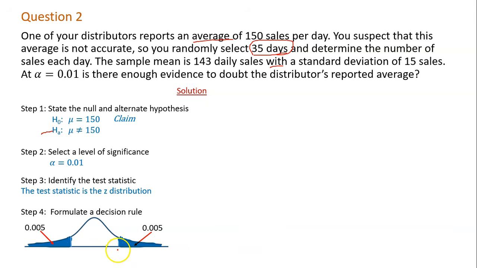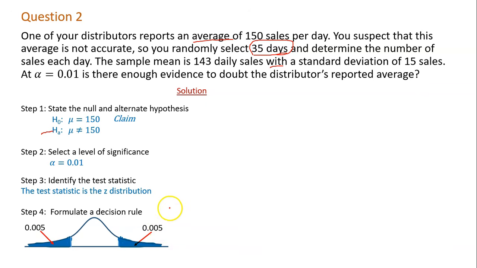We need to find the Z score that will be here and the Z score that will be here. To do that, depending on the table you are using, if you are using a full table, you say 1 minus alpha over 2. If you are using a half table, you say 0.5 minus alpha over 2. But we already know alpha over 2 to be 0.005.